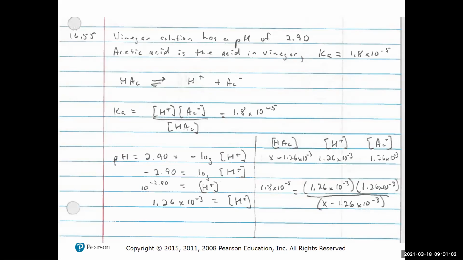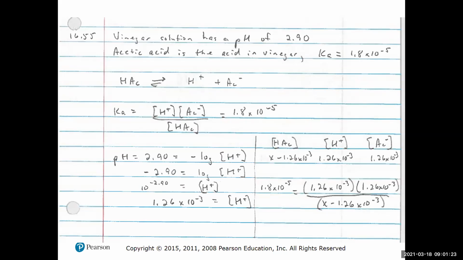Acetic acid is a weak acid. So contrary to what we just did with the strong acids, we can't assume it all dissociates. So we're going to have an equilibrium expression for that. Here's what we would do.